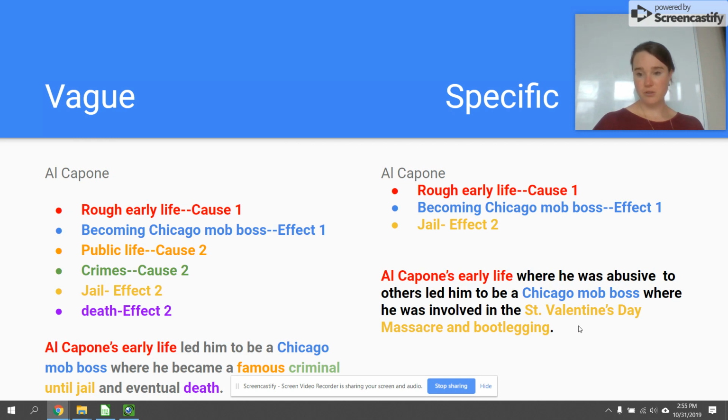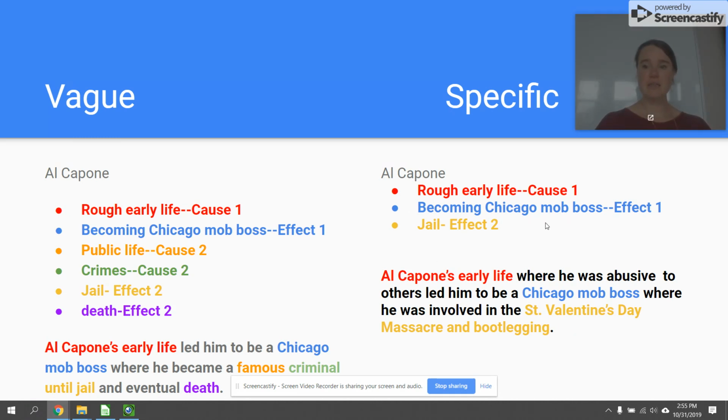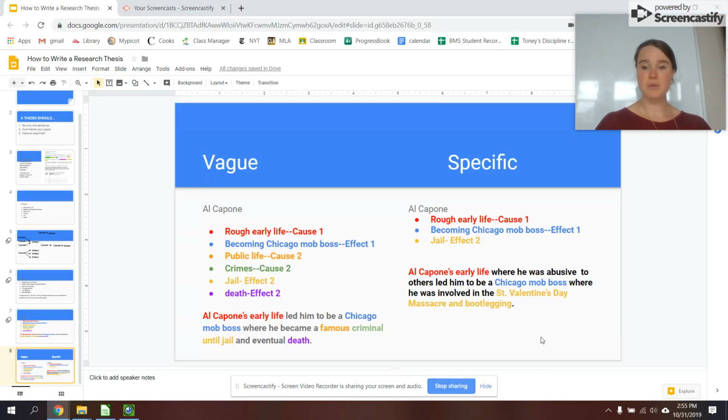And what I should also have is which led him to jail, which got him jailed. So that is something I need to add into that thesis so that I can talk about it. So again, you can be specific or you can be vague. If you have a lot of causes and effects, it's probably better to stay on the vague side. If you have a pretty simple cause and effect, then you can very easily be more specific.